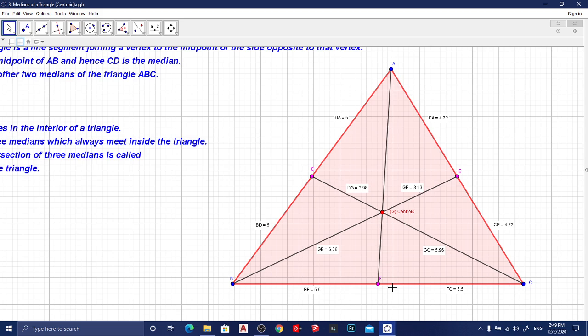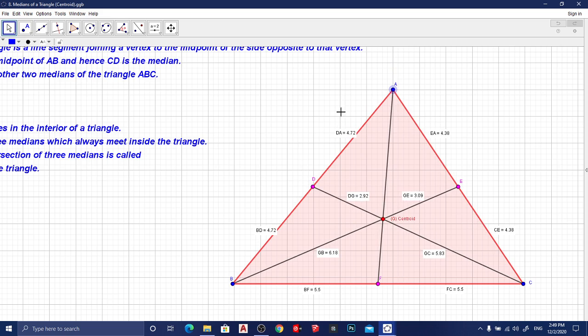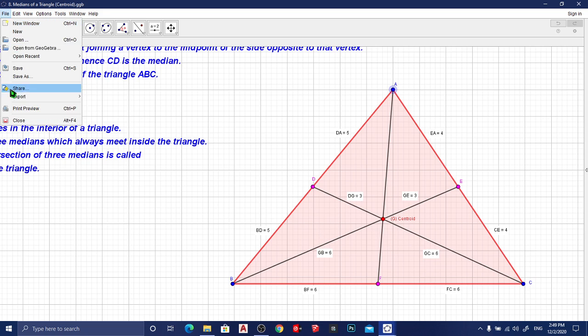If you observe here, taking rounded values, this is 3 centimeters, this is 6 centimeters, this is also 3 centimeters, this is 6 centimeters, and again this is 3 and this is 6 centimeters. If we take the ratio of these two values, 3:6 gives 1:2.